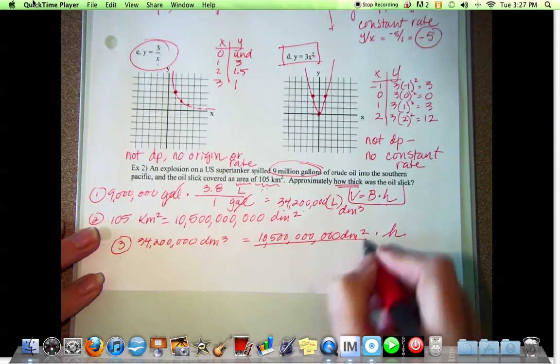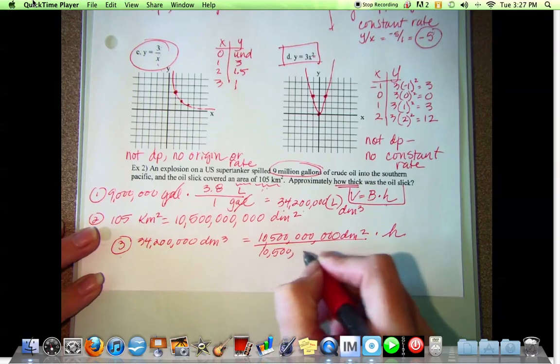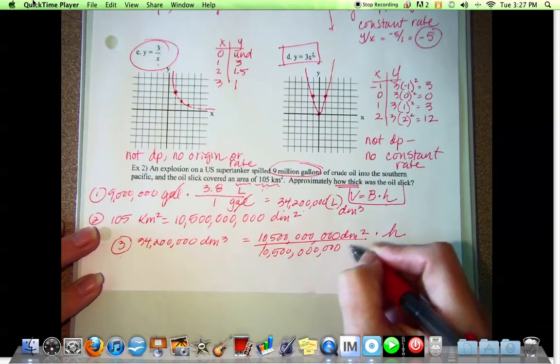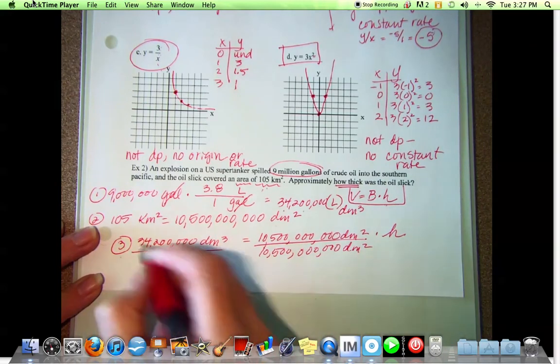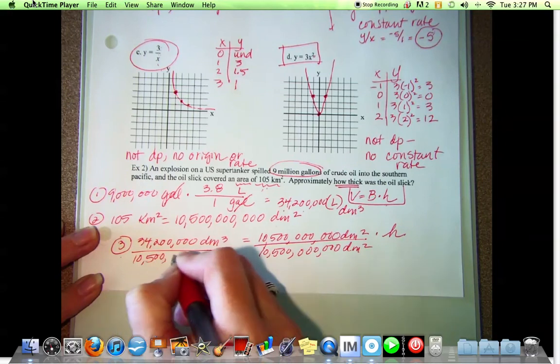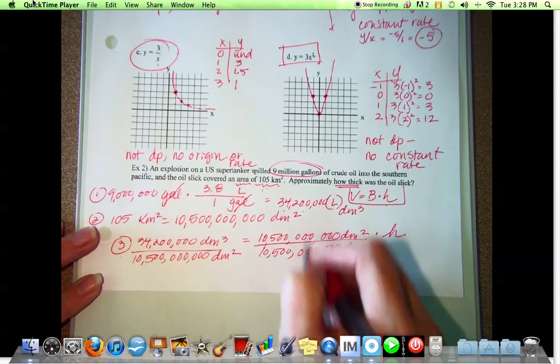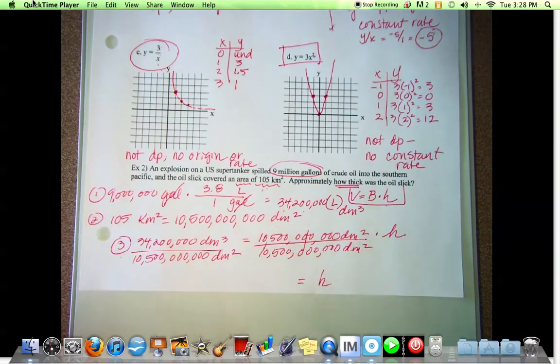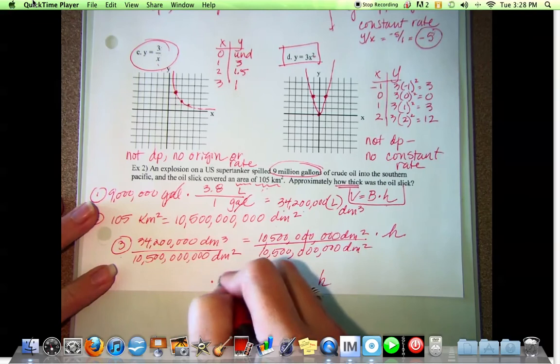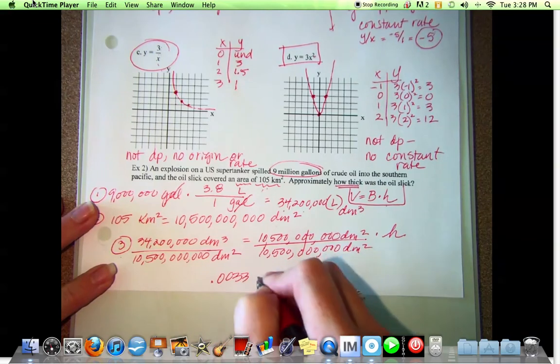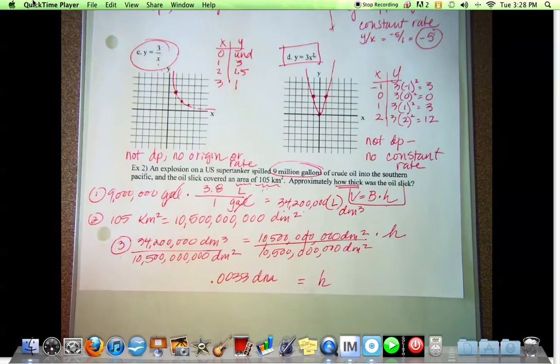We need to solve for the height, so we're going to divide both sides by 10,500,000,000 decimeters squared. So the height, put it in your calculator, 34,200,000 divided by 10,500,000,000 gives us 0.0033 decimeters.